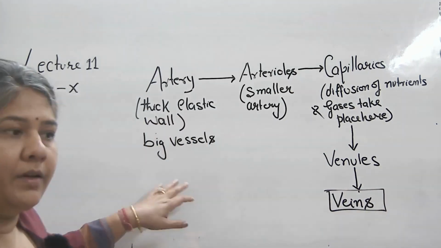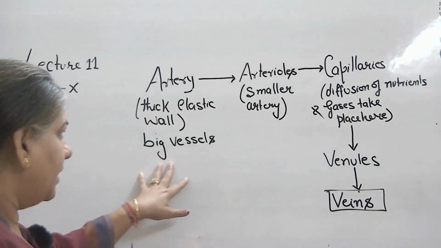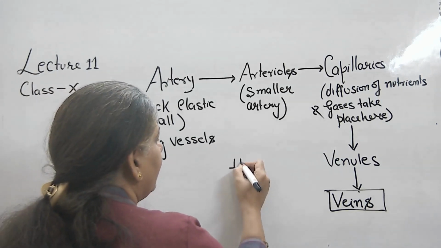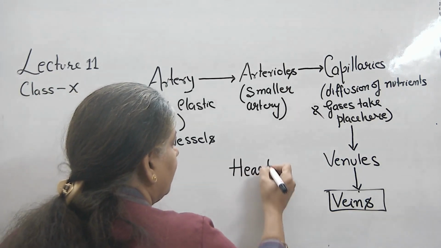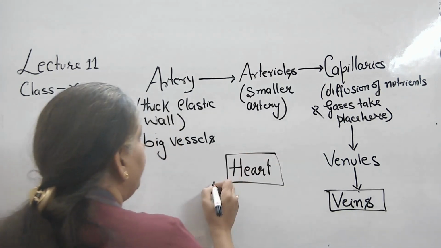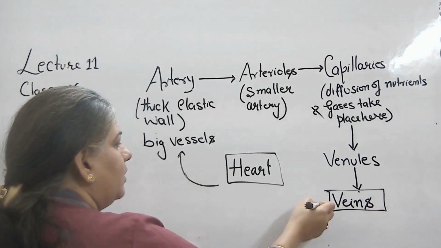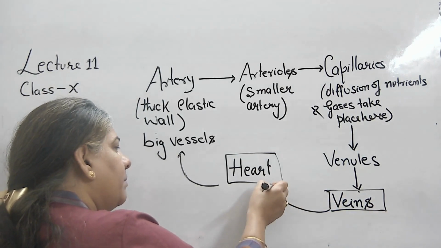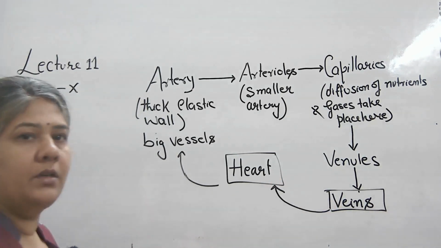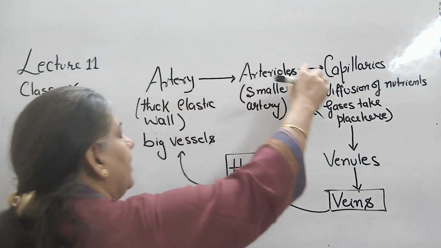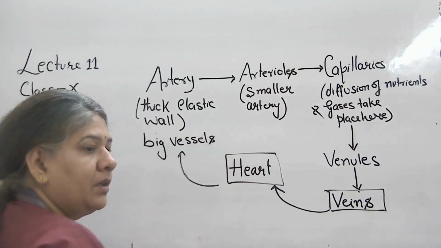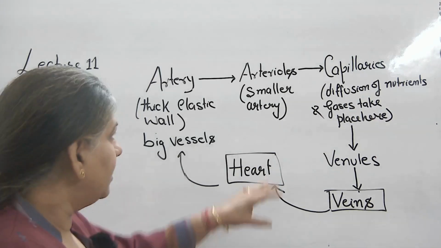So we must understand arteries are the blood vessels which are bringing blood from the heart, and veins are the vessels which are draining blood or bringing blood to the heart. So this is the complete cycle in which the network works.